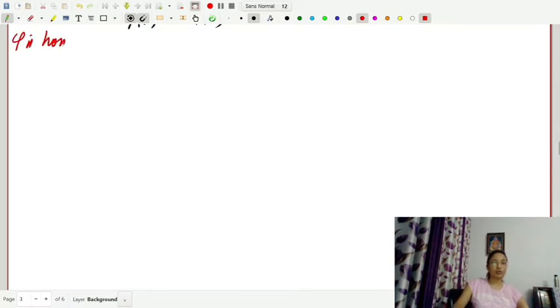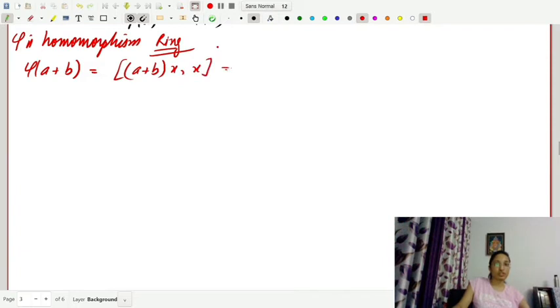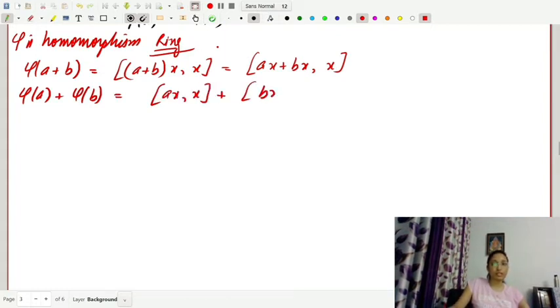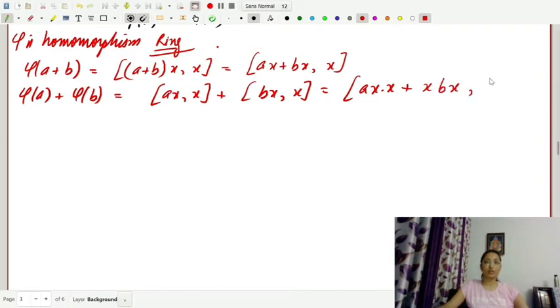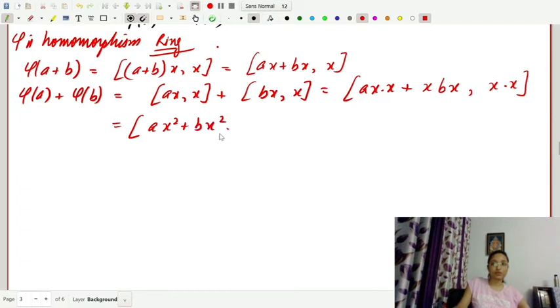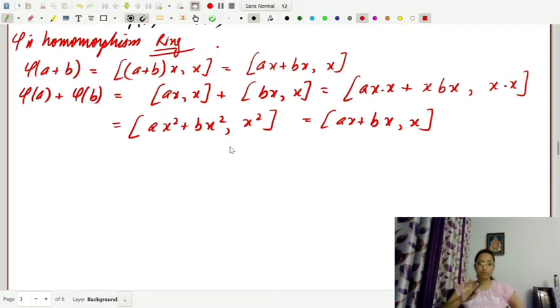Now, to show phi is a ring homomorphism, we see phi(a + b) = (a + b)x, x, which is equal to (ax + bx, x). We have to show this is equal to phi(a) + phi(b), which is (ax, x) + (bx, x), which in turn is equal to (ax · x + x · bx, x · x), that is (ax² + bx², x²), which in turn implies (ax + bx, x), because you can see by the relation we have defined that these two equivalence classes will be equal.